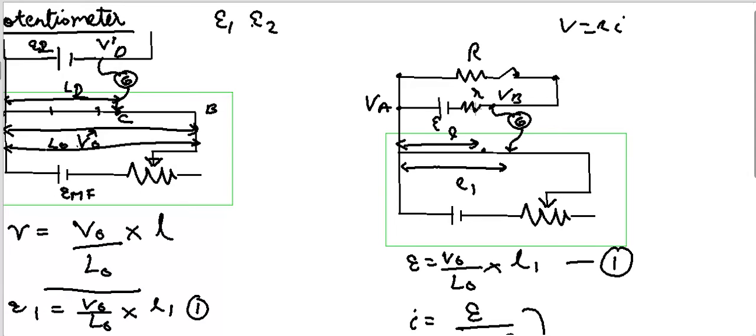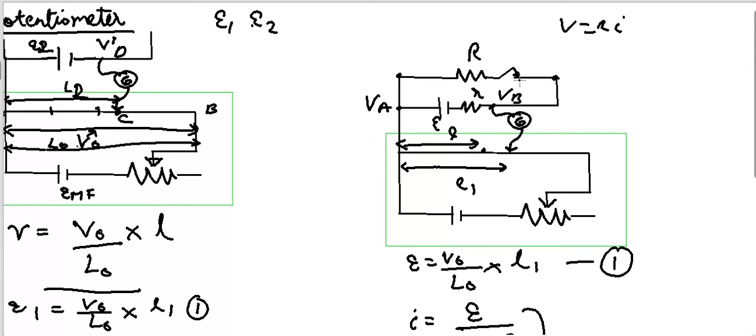The way by which I can measure the internal resistance of a battery is, I take the circuit which is shown here. First I open the switch and find the point L1, where there is no current flowing through the galvanometer.